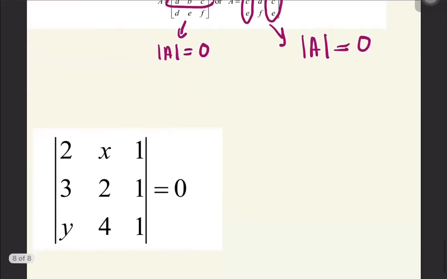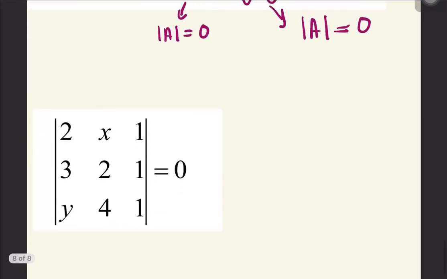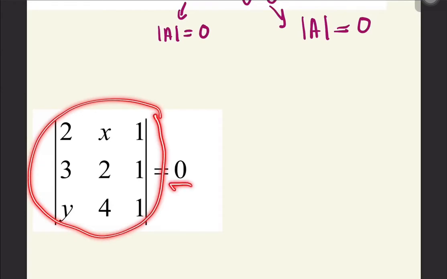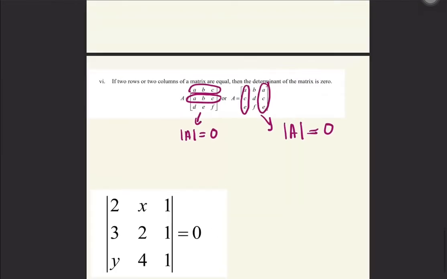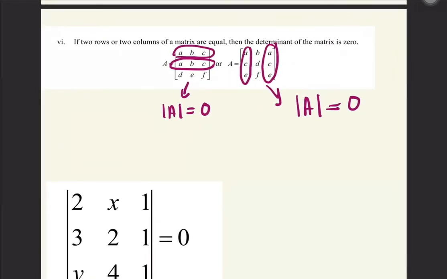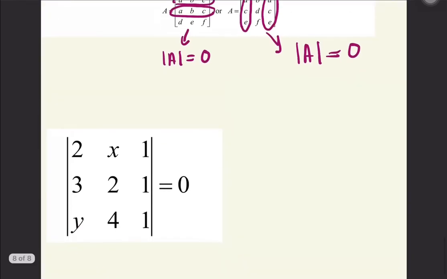So let's try this example here. You are asked to find the value of x and y such that the determinant of this matrix is equal to 0. So this is the hint here. We know that if the determinant of the matrix is equal to 0, there must be two rows or two columns which are equal.